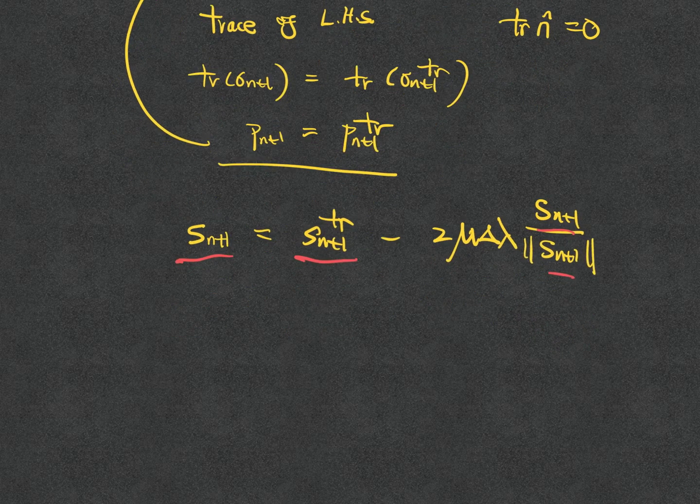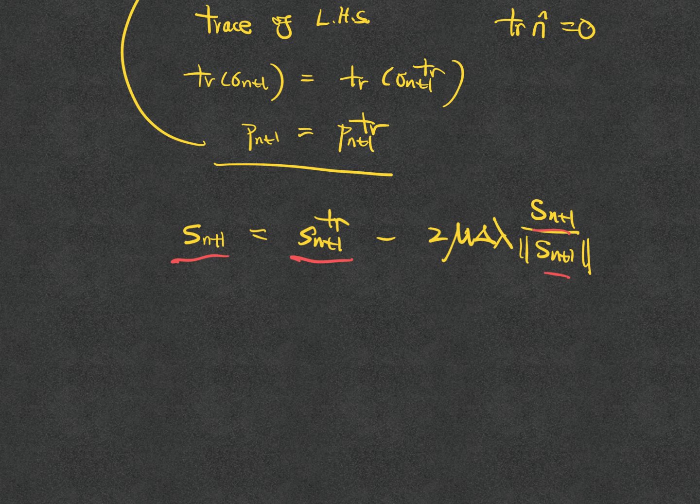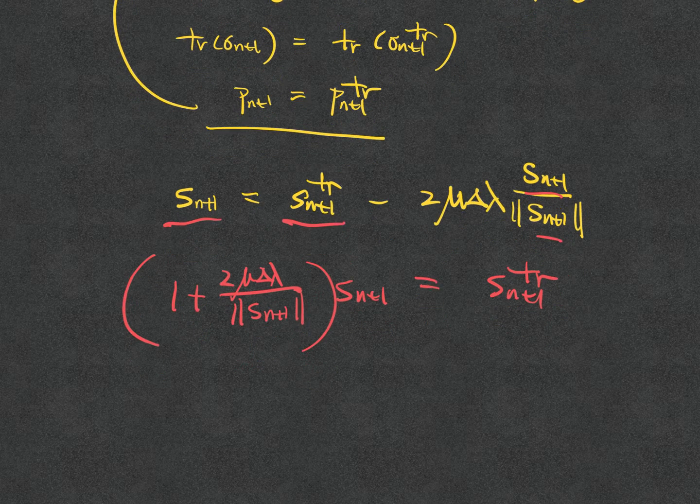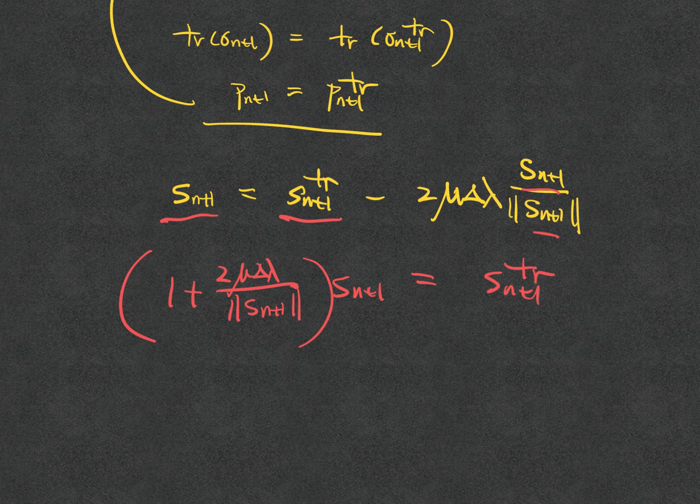Now let me write, rearranging my terms here. Then what I will have is 1 plus 2 nu delta lambda divided by the norm of S n plus 1, times S n plus 1, equal to S n plus 1 trial. Do you guys see anything interesting here?